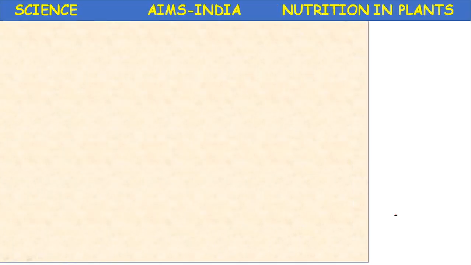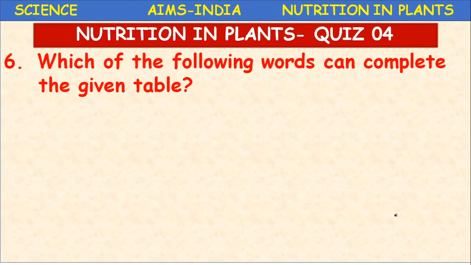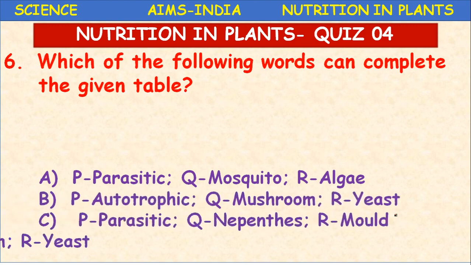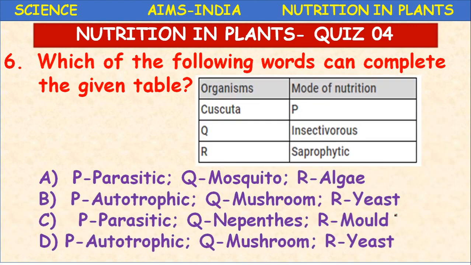Next, which of the following words can complete the given table? So here the table is given, organisms and mode of nutrition. So you have to complete these words which are empty. What is P and what is Q and what is R? Okay.